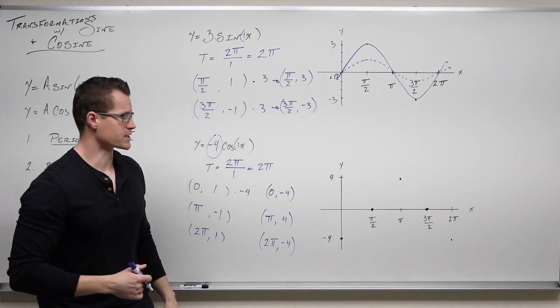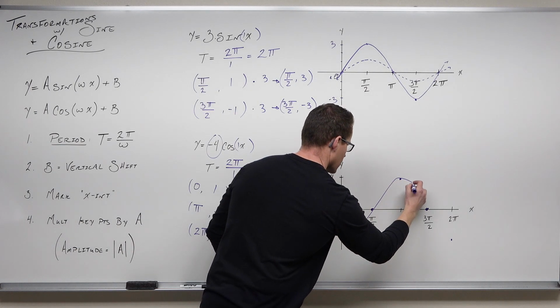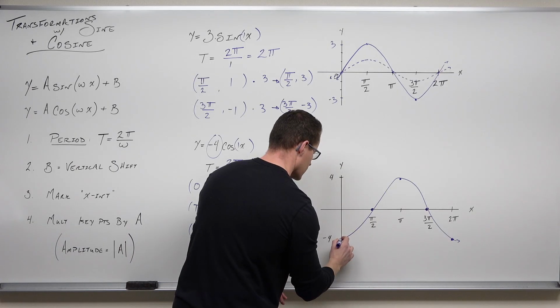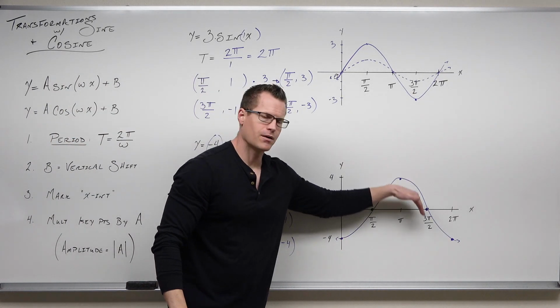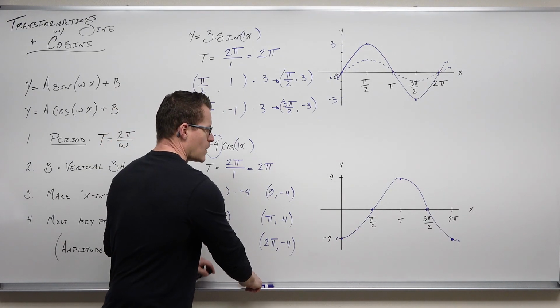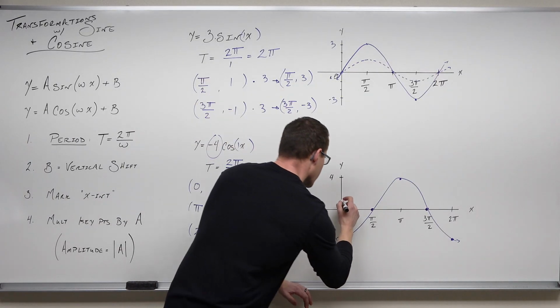I'm going to draw it for you in just a second. It's kind of ugly, but that's about how that graph should look. Now, what would the original look like? Remember, this scale is a little off because I'm really squishing this graph.